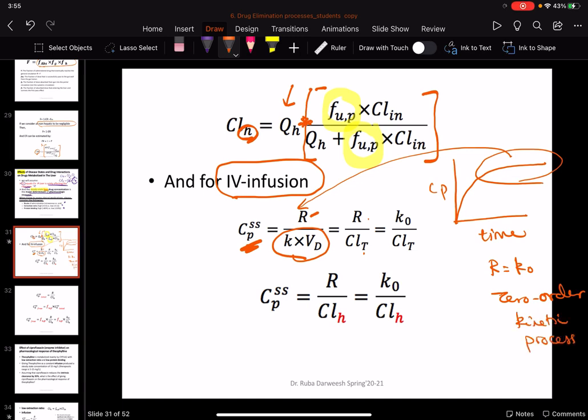So if we are only talking about the condition that the total clearance equals the hepatic clearance, then the steady state concentration would be equal to R over hepatic clearance, or K naught over hepatic clearance.